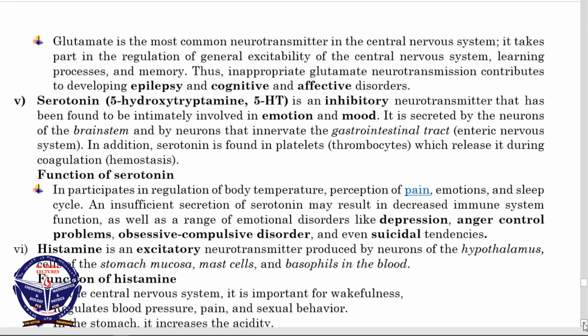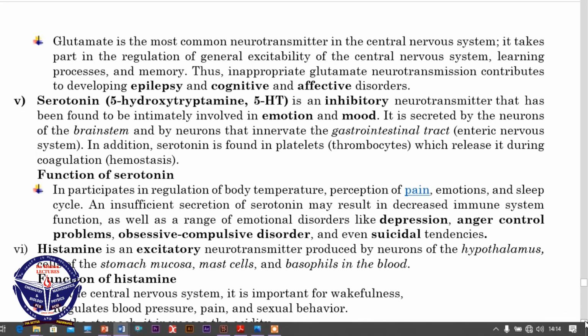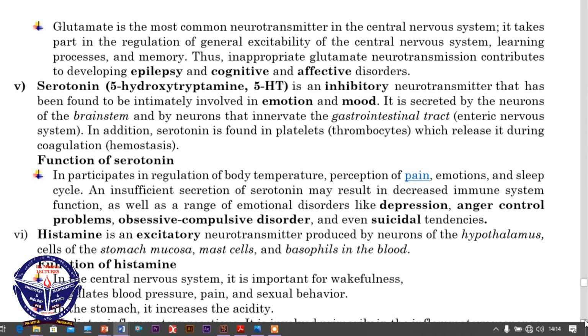Serotonin pamoja na nani? Na dopamine. Kwa hata ukienda ukauliza kwamba what kind of hormones wanaweza kupelekea depression, anger control, siyo mtu kwa umekasirika, and even suicide tendencies, mtu kujinyonga kufanya. Actually that is because of the serotonin and dopamine. Au ukiweza kuwa maintain vizuri, you have already maintained many things.